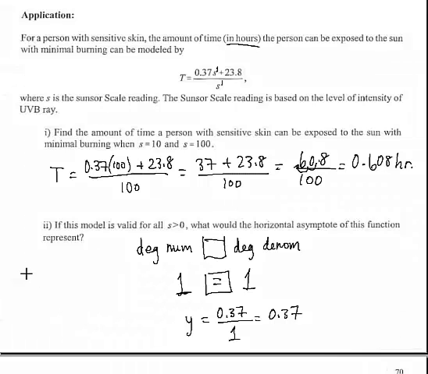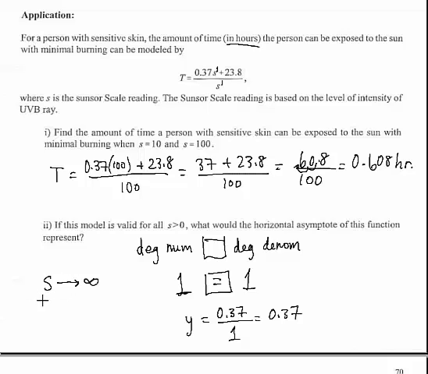So in other words, as S gets very large, that tells us that the amount of time that we can stay out in the sun with minimal burning is 0.37 hours.